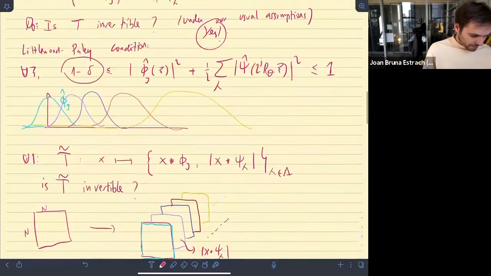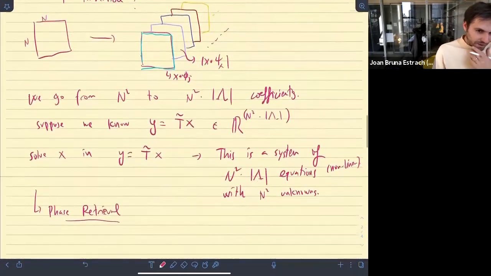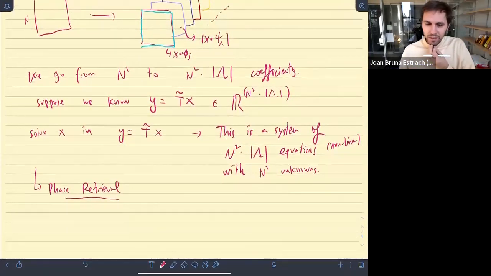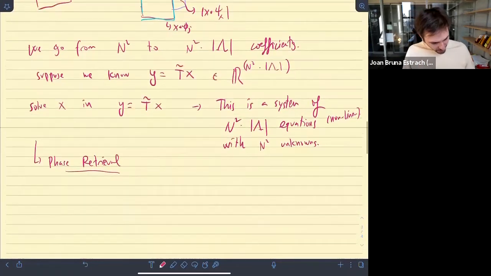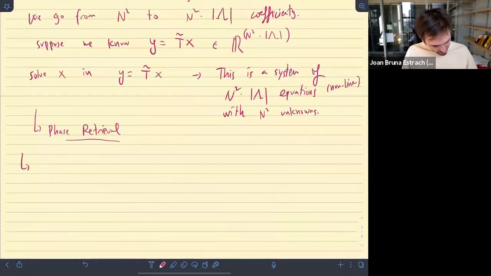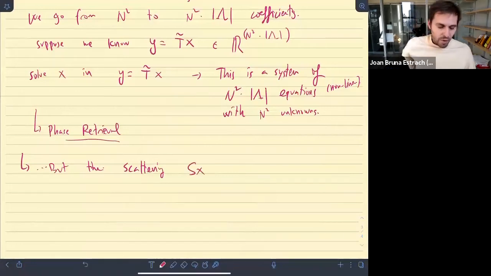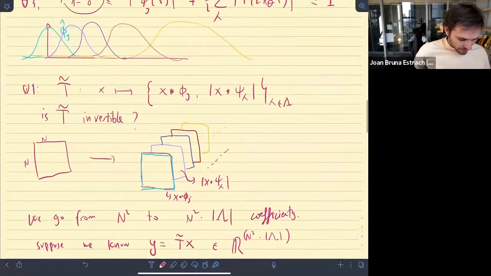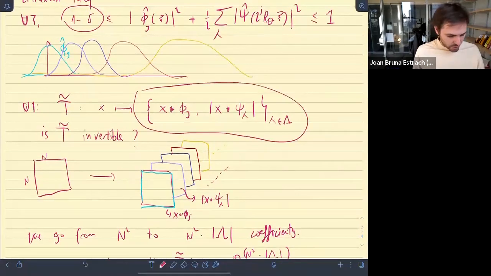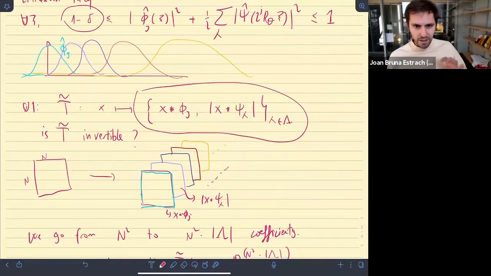So that's Q1. Now you must be saying, wait a minute. The scattering S of x, if you remember, is built by composing a bunch of these steps. What we do is we take this operation, and then to each one of the outputs of this T tilde, we apply T tilde again, and we keep doing this many times.